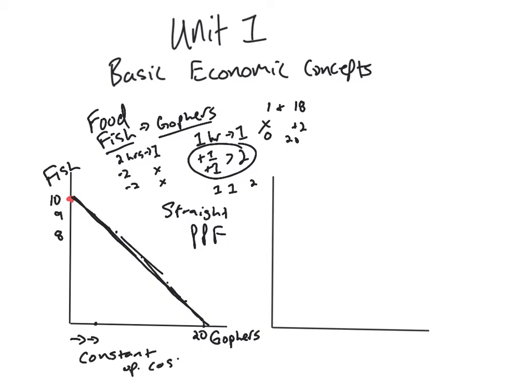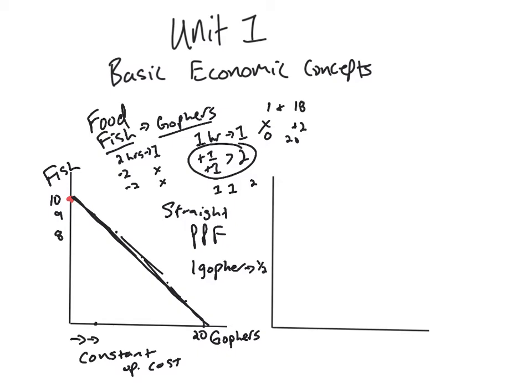So what's the opportunity cost for every 1 gopher? If you were to produce 1 gopher, catch 1 gopher, how many fish does he have to give up? Our answer would be half of a fish.